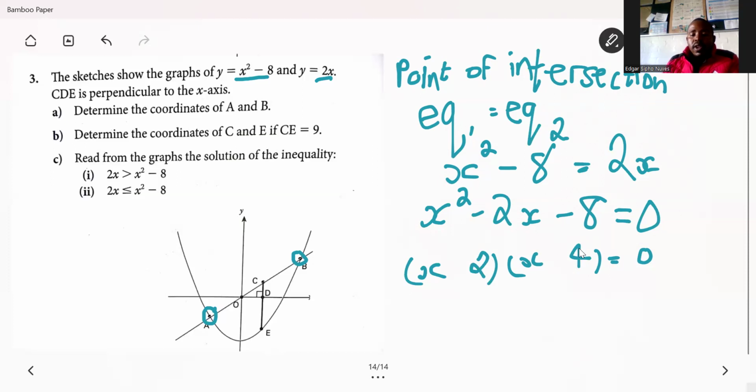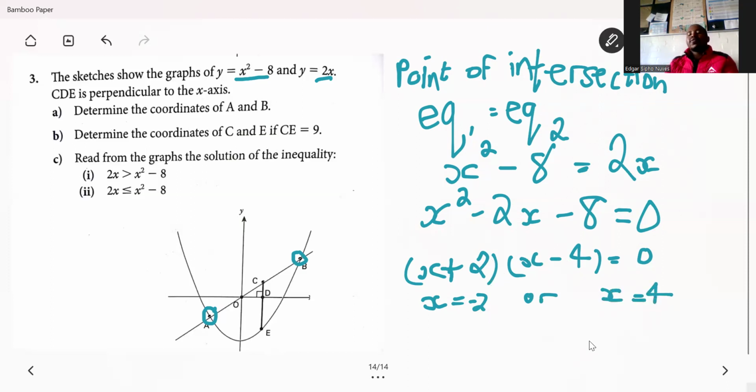Factorizing a trinomial, you should know that pretty well. The minus sign there means you have opposite signs in the brackets. This is going to be minus 4 and plus 2. So this is the factorization, and the solutions you get are two possible values: x equals minus 2 or x equals 4.